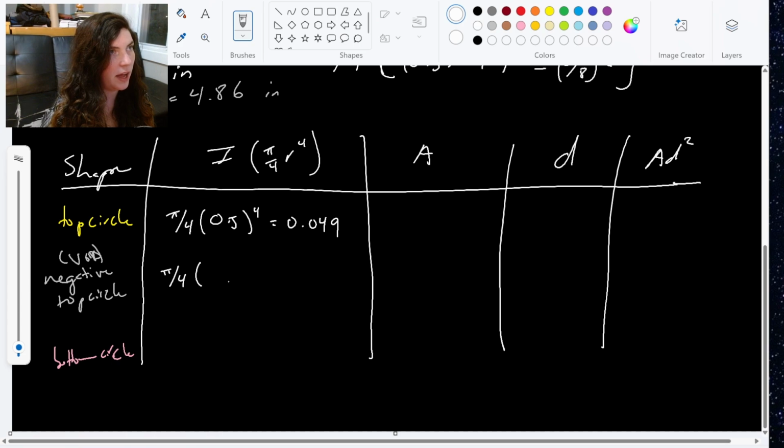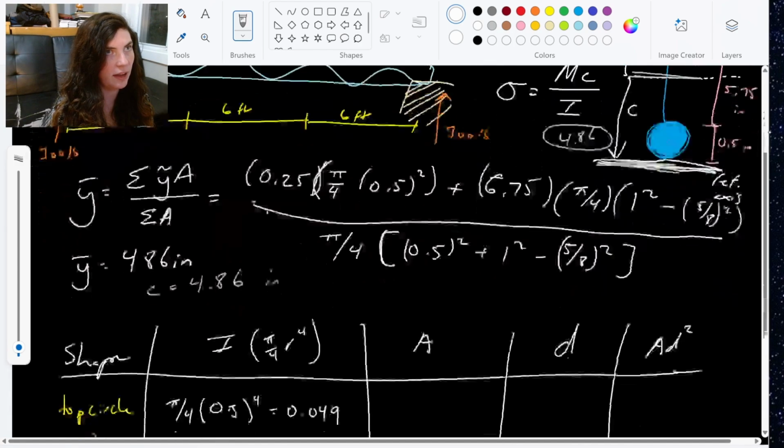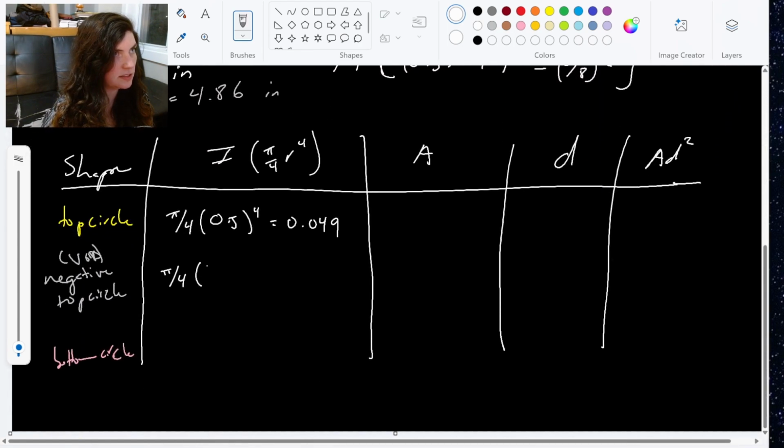Now this guy has pi over 4, that inner diameter we said was 5/8. So half of 5/8 is 5/16 for the radius. 5/16 to the 4th. Now remember, this is a void, so this moment of inertia is going to be negative. So here I get a negative 0.0075.